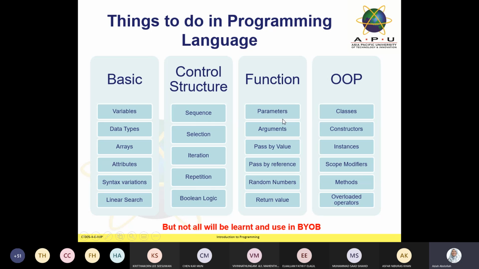Then we have functions with parameters, the arguments, pass by value, pass by reference, random numbers, return value, and we also have object-oriented programming: classes, constructor, instances, scope modifier, methods, overloaded, operator.